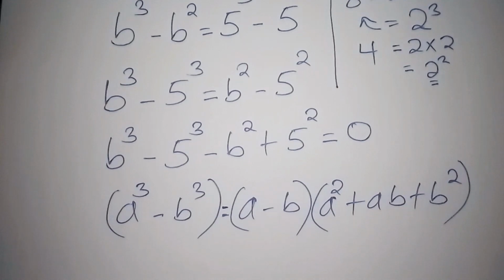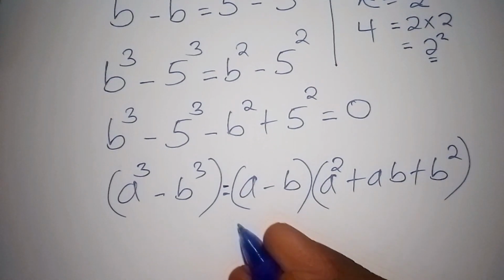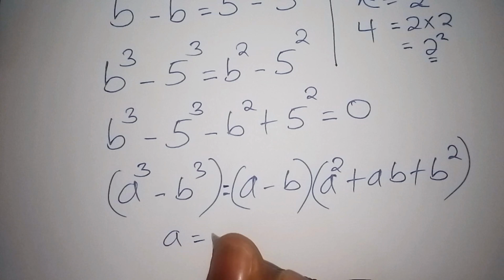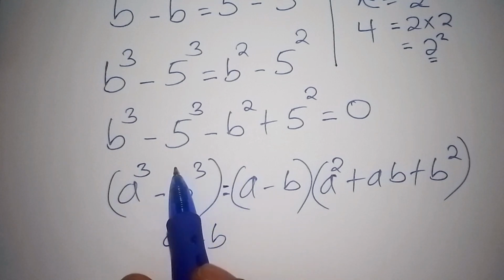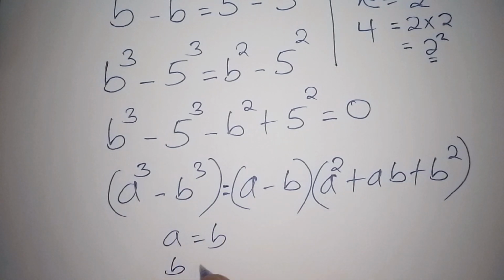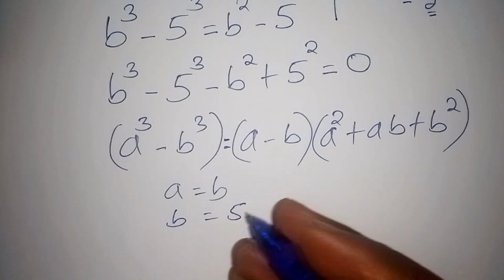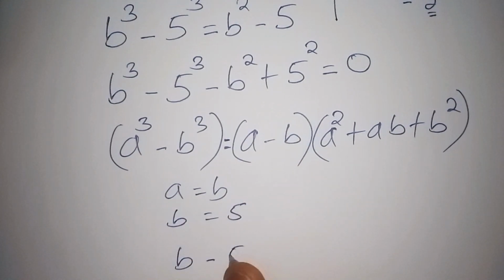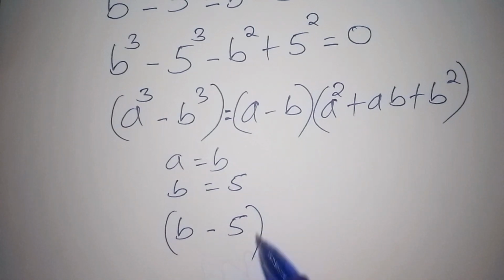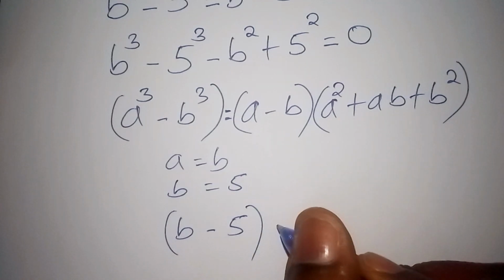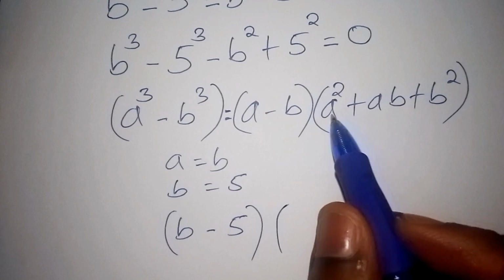So here our a is equal to b, correct, and our b is equal to 5. In this case we shall have b minus 5, close the bracket, then into bracket again, a squared.